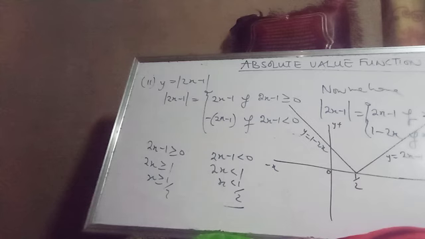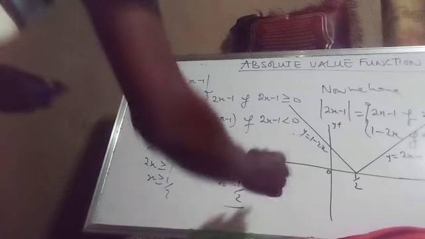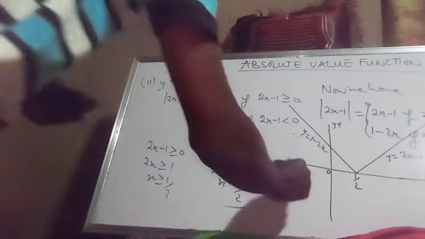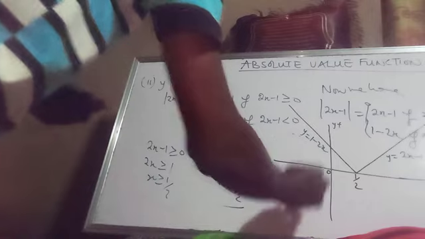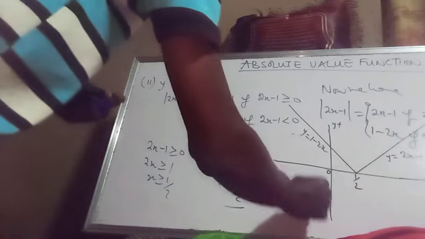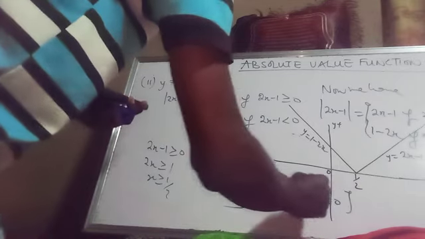And so now, what is the range? Now, to get the range is very, very simple. Okay, the range R of the function is the set of y values, which is y such that y is greater than or equal to 0.